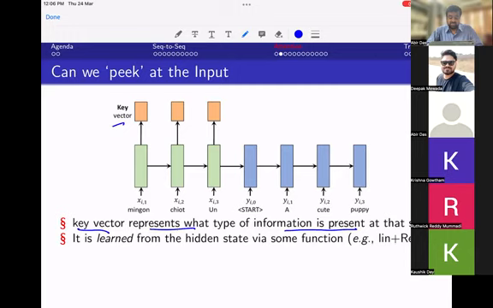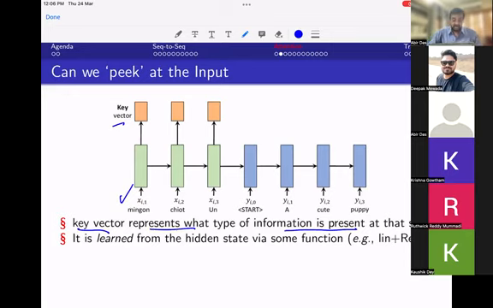It may not be very semantically meaningful to us in isolation, it may be just some vector, but it can encode what type of information the source sequence is representing at this time step.